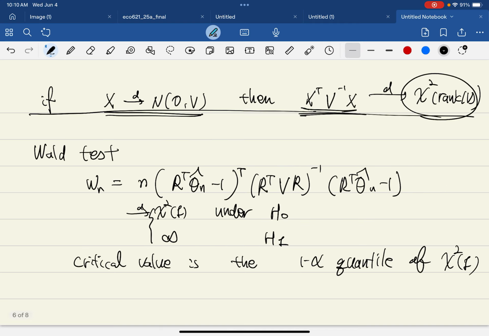So that means Wn should be close to 0 if H0 is true, but it will be very big if H0 was wrong. So we are going to reject if it's too big, okay?